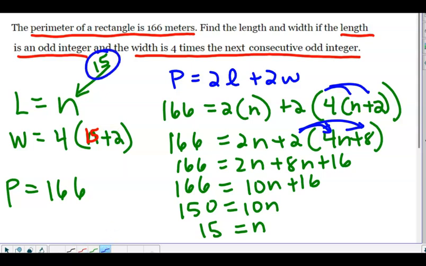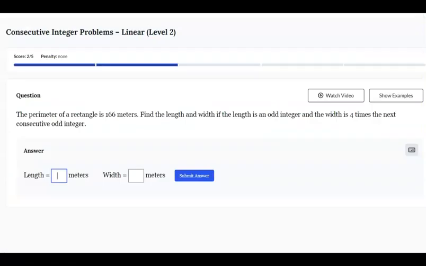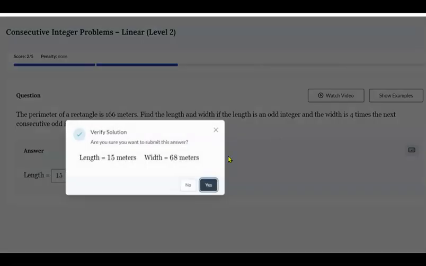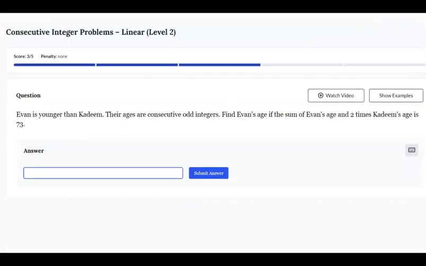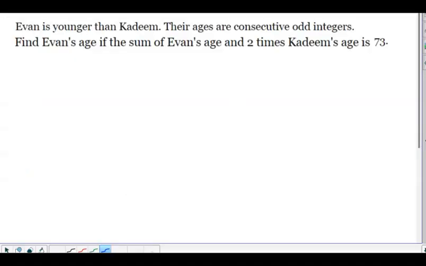All right, so we've got 15 for the length and 4 times 17 for the width, which is 68. So we've got 15 and 68. And that's it. Last one.